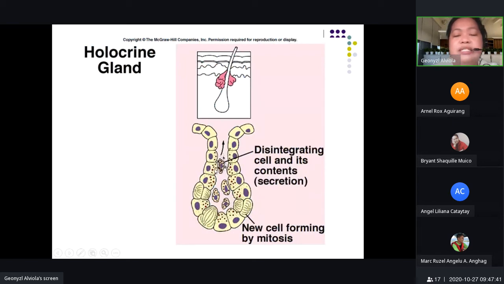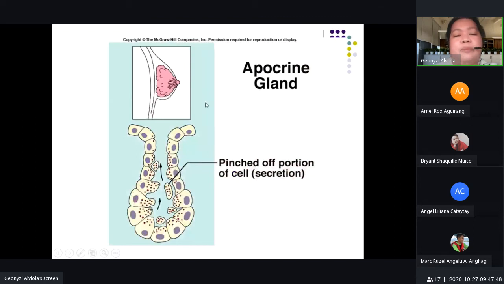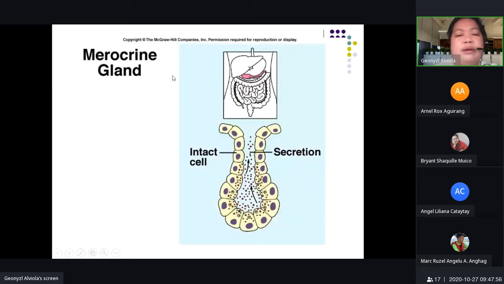The cells will disintegrate but another cell will develop. Apocrine, a portion of the cell is removed. An example of that is the mammary gland. Merocrine, the contents will simply diffuse out from the cell.